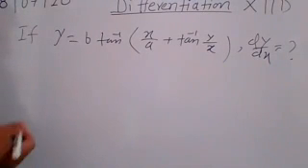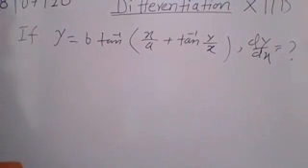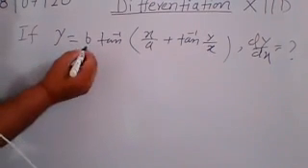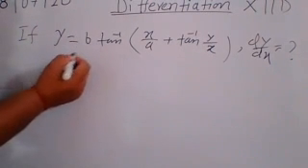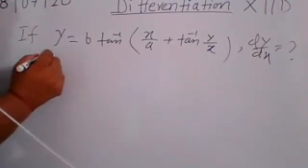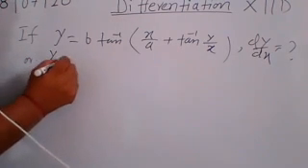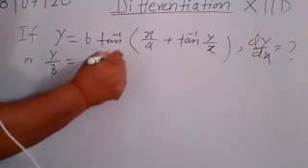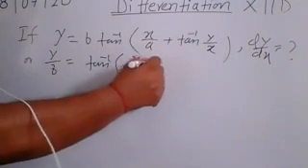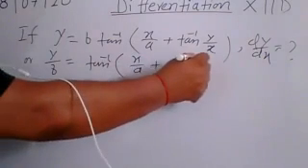So here there is no need to take its derivative directly. In that case, the result is complicated. You can find it, but it will be complicated. So what you do, first of all, you transfer this b to the right side. So here you have y upon b is equal to tan inverse x by a plus tan inverse y by b.